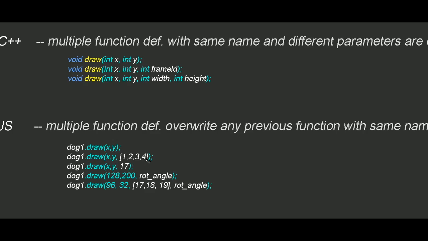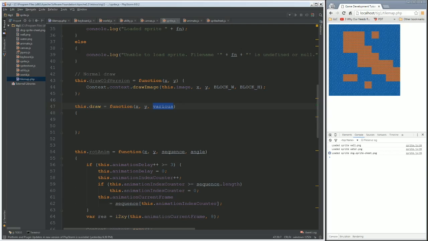So in a way, it's really a lot like overloading functions in C++. However, we need to do some manual work in order to achieve that functionality in JavaScript. And that's really the whole purpose behind the parameter called various. So based on whatever is being passed into that parameter, will change the way our function works.